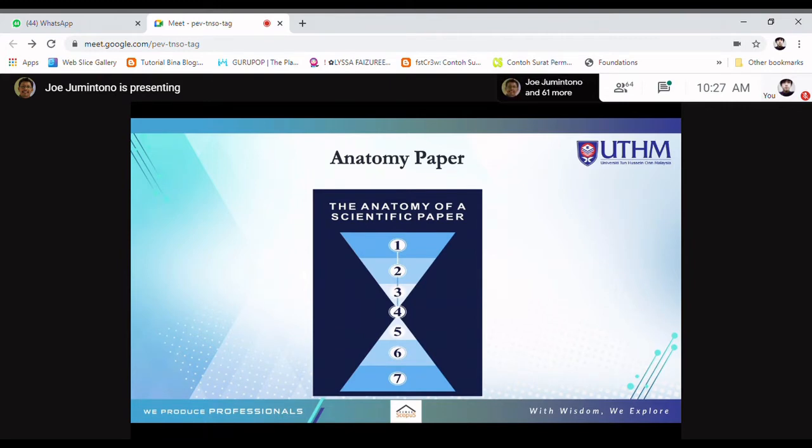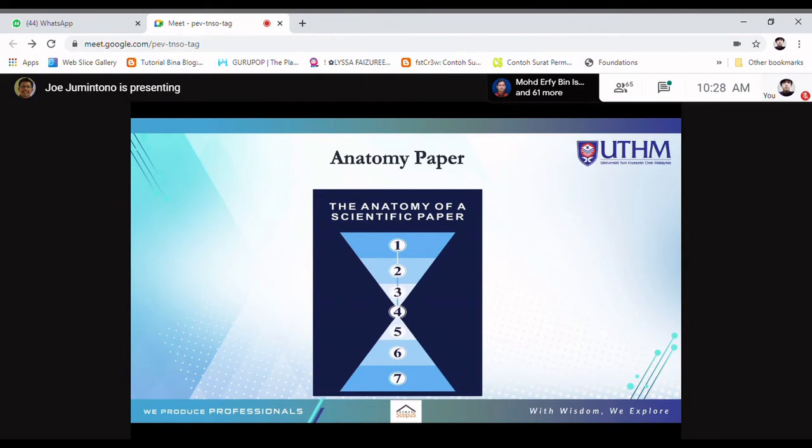Think first: anatomy, body. Number 2 consists of seven parts of the paper. And number 3 is very important also. It starts from the broad one. The introduction is very broad, followed by the narrow one, more narrow, and then reaching the methodology.